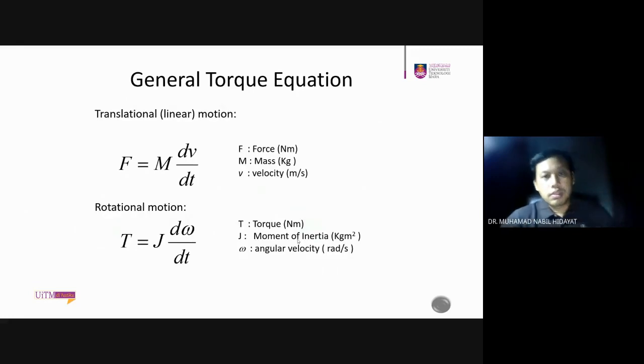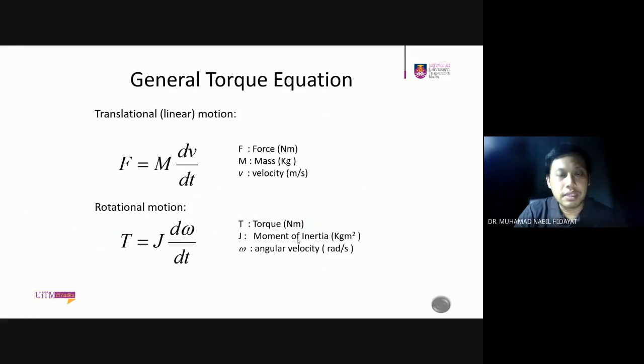Next we look into the general torque equation. From Newton's law, force equals mass times acceleration, F = ma.